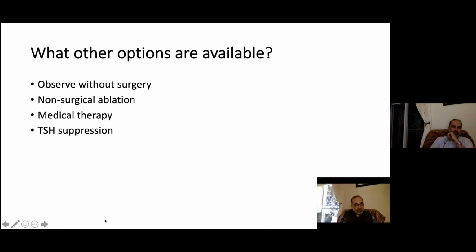So what about just observing these patients without surgery? That's one option. What about non-surgical ablative techniques, medical therapy, and TSH suppression therapy? I'm not going to talk about medical therapy. I'm going to talk a little bit about TSH suppression therapy, observation without surgery, and non-surgical ablation.